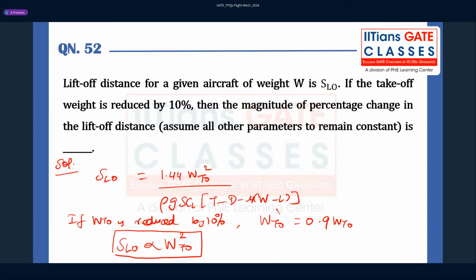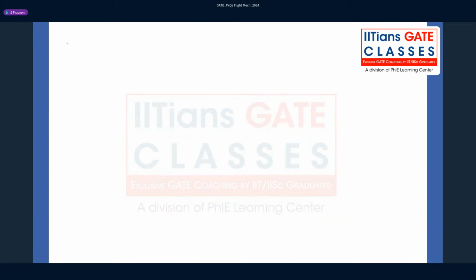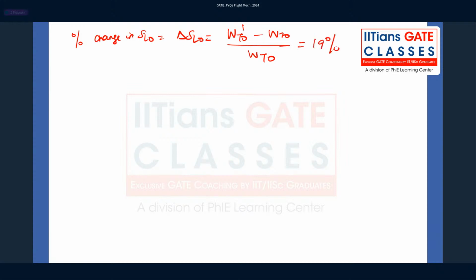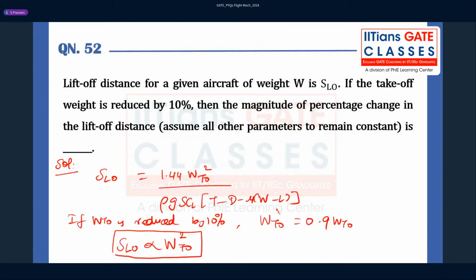So if I determine the percentage change in SLO, which is delta SLO, that is basically (WTO prime squared minus WTO squared) by WTO squared. If you simplify that, you will get a value of around 19%. Okay, so this is the decrease, right? So you guys understood this. It's only asking the percentage, so just write it as a positive value. Okay, 19%. Right. You don't have to worry about the plus and minus because it's asking the magnitude.